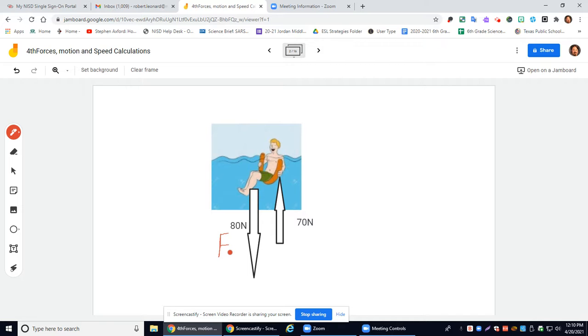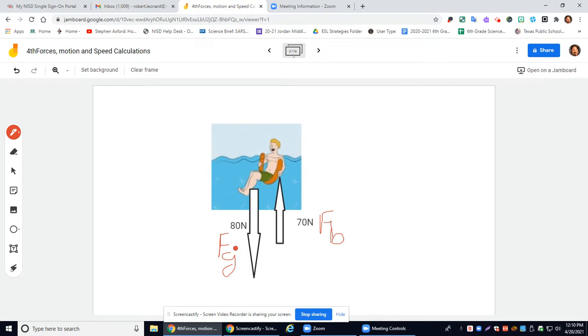What keeps you in your chair? Force of gravity. So force of gravity, okay? And the next question is, what force is pushing up on them? Well, I'll give you all this one. It's the buoyant force, the force of buoyancy, okay?